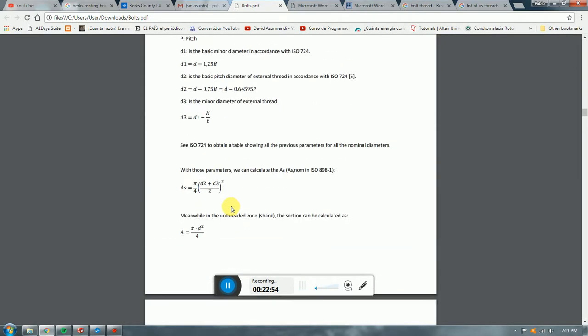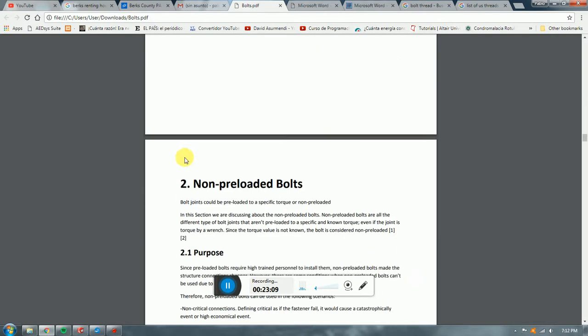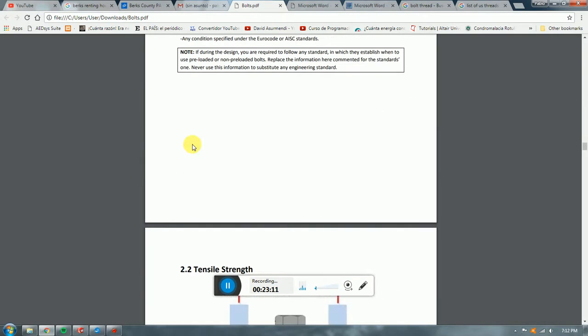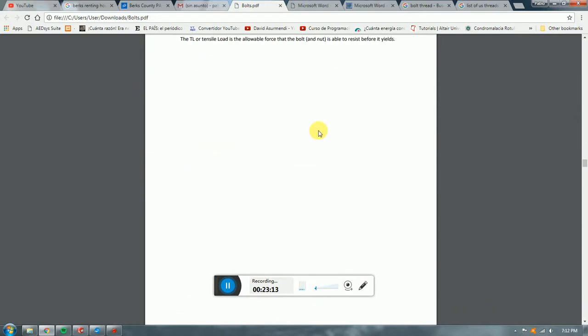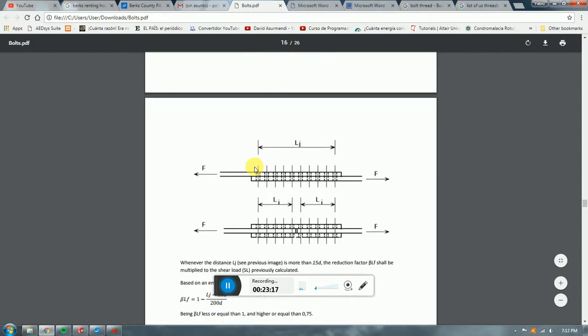In the next video, we're going to start talking specifically about the bolts, the two types of bolt connections that we're going to find. It's going to have a little bit more equations. This one is just a preliminary one, with just a little bit of equations here and there and some drawings that I got from the internet.